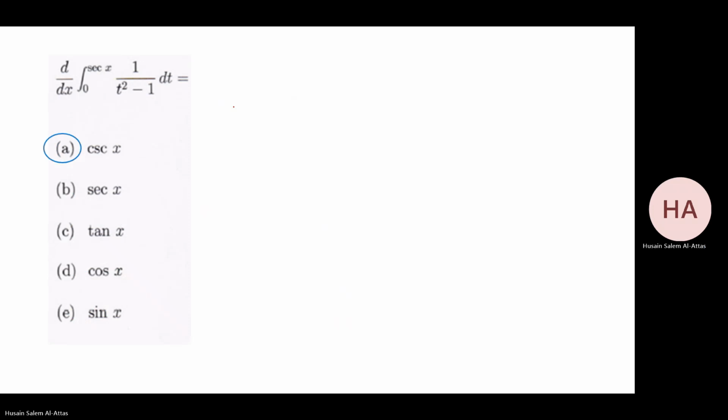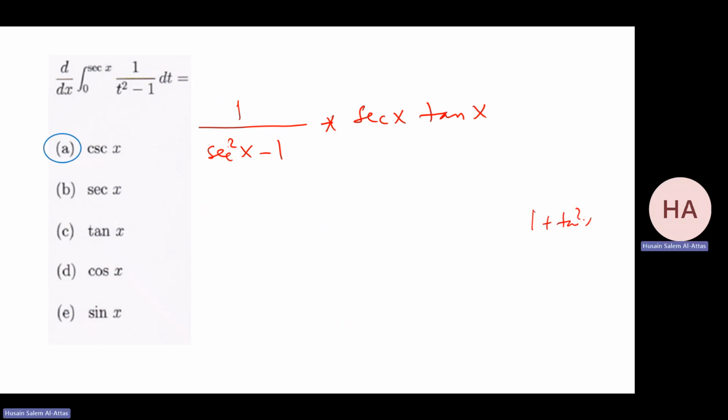1 over secant square x minus 1, derivative of secant, which is secant tan. 1 over secant square minus x is what? I know 1 plus tan square equals secant square x.